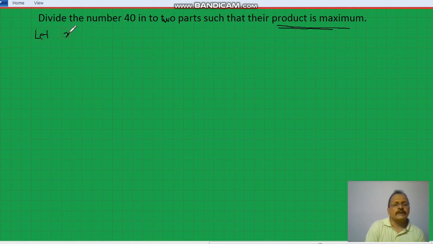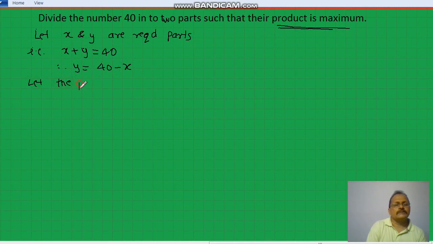Let x and y be the required parts, that is x plus y is equal to 40, and therefore y is equal to 40 minus x. Let the product P equal to xy.